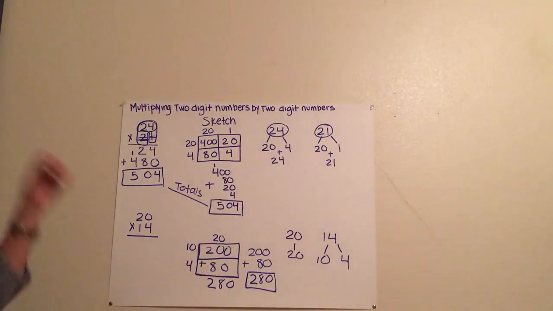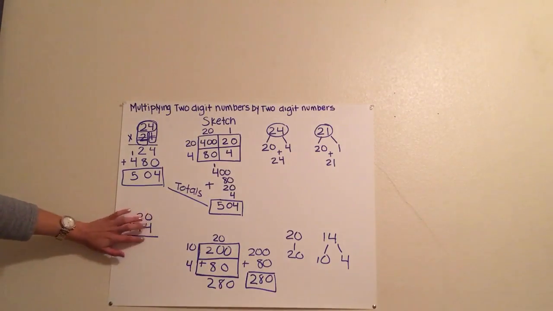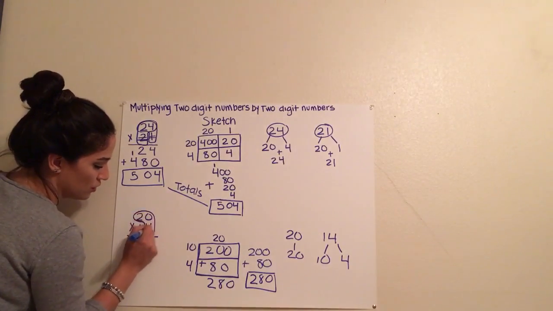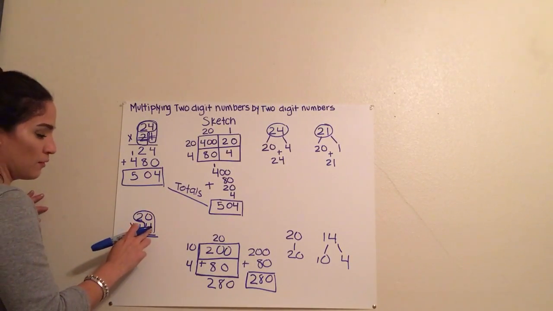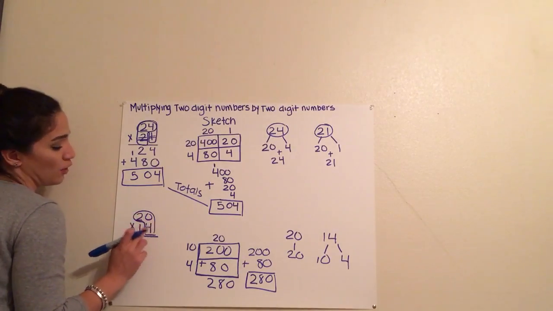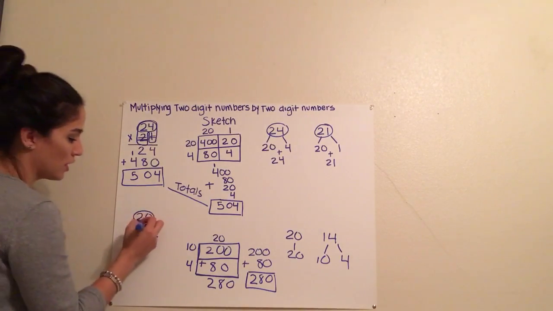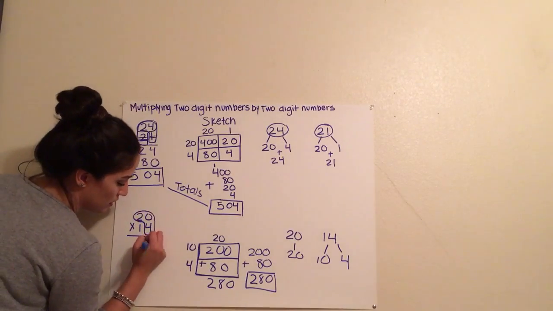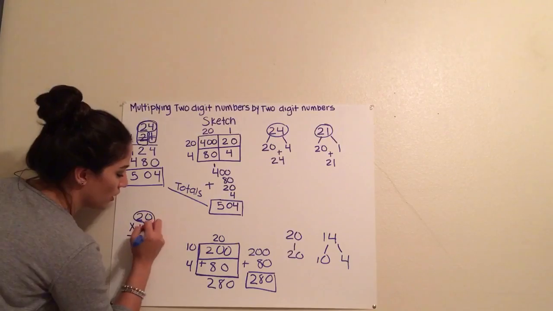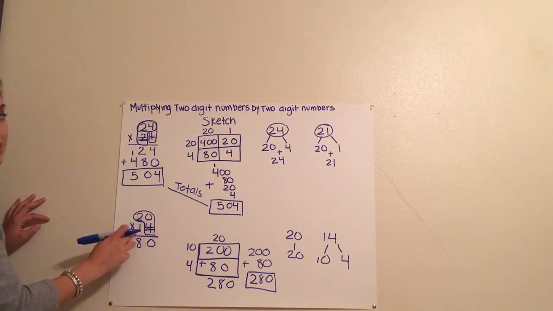So we already have that total. Now we will move up to our problem. We then again use our turtle. That tells us that we're first going to multiply the number 4 by the 0, and then we're going to multiply the number 4 by 2. So 4 times 0, 0. 4 times 2, 8. We put a collar. We move on to the tens place.